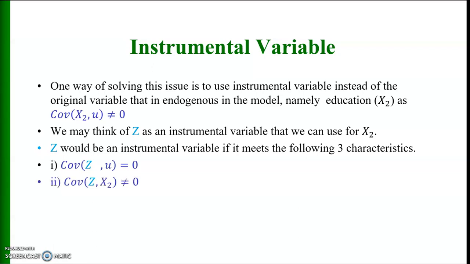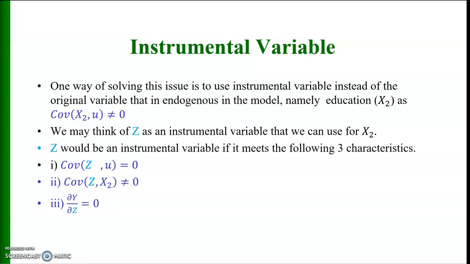The second property of the instrumental variable is that there should be some kind of correlation between z and x2. So the covariance of z and x2 is not equal to 0. And the third property is that this variable is external to this model. That is, the partial of y with respect to z is equal to 0.